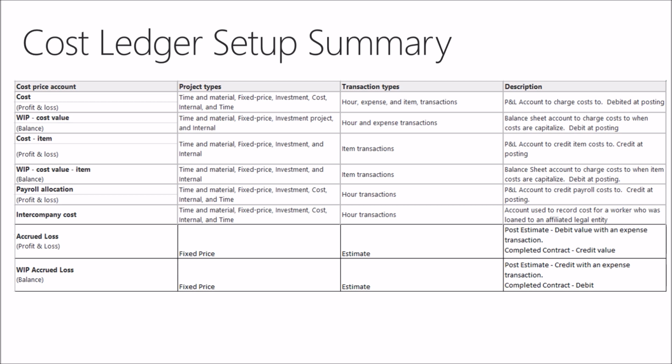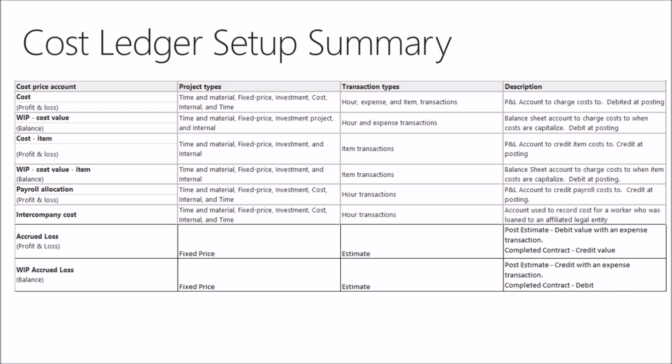So for instance, if we're going to set up our project group to post a P&L, and I'm going to post an hours transaction, I just know off the top of my head that the cost posting type needs to be set up, and so does the payroll allocation. So the cost is the debit, and the payroll allocation is the credit in that transaction.